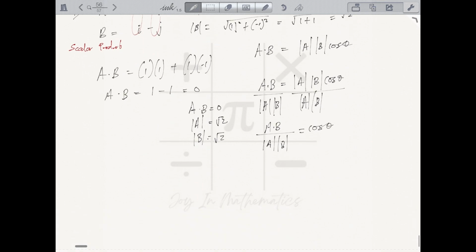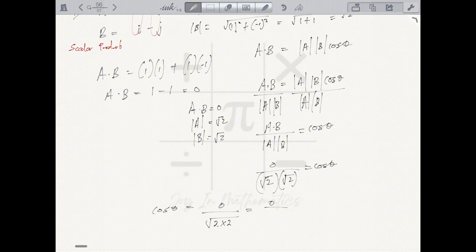So A dot B is equal to 0, magnitude of A is root 2, and magnitude of B is also root 2. Cos theta is therefore equal to 0 divided by root 2 multiplied by root 2.